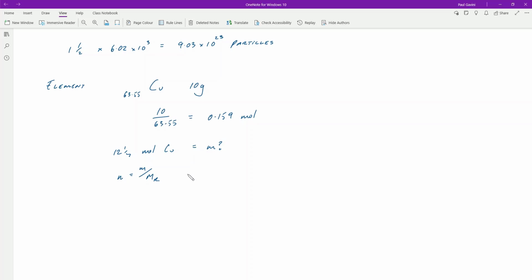So just rearrange that. So mass is going to equal moles times relative atomic weight. So that's going to be equal to 12.5 times by 63.55. So up here, you get that off the periodic table for its weight. So that would actually weigh 794.38 grams.